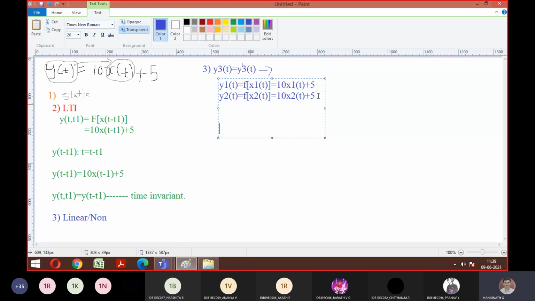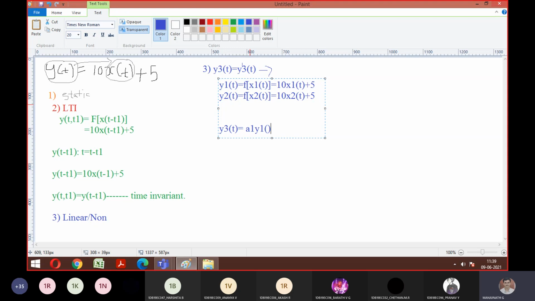So therefore we can conclude the y3 of t answer. In general we write y3 of t as y1 of t plus y2 of t. Even if we add constants like a1, a2, there won't be any variation with respect to linearity. That is the condition we have proved, right?